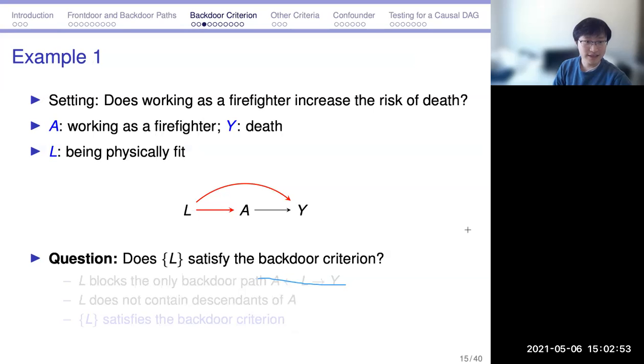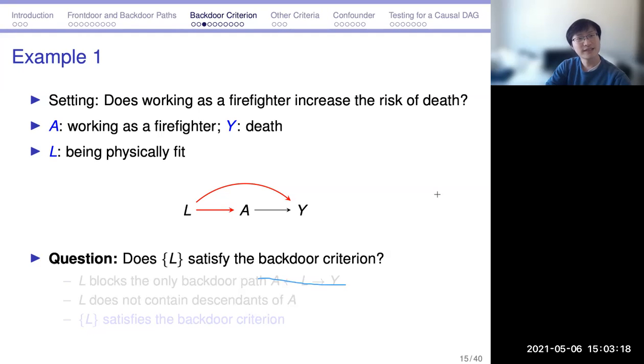Okay, so this is our first example. These are the confounding examples that we have seen both in the last lecture as well as the first time when we set out to discuss observational studies. But now we're ready to discuss them with more precision.